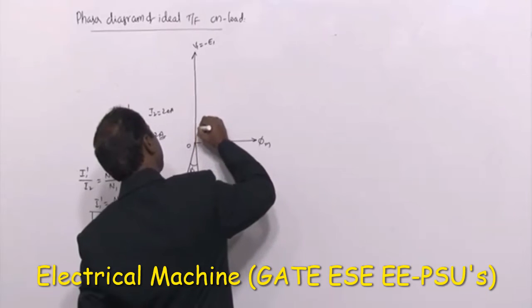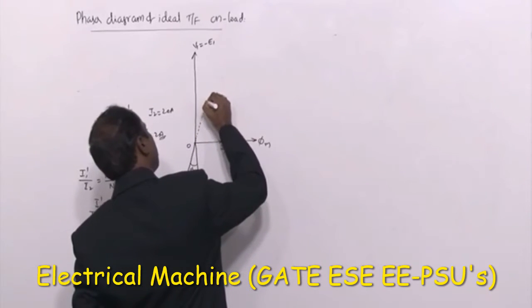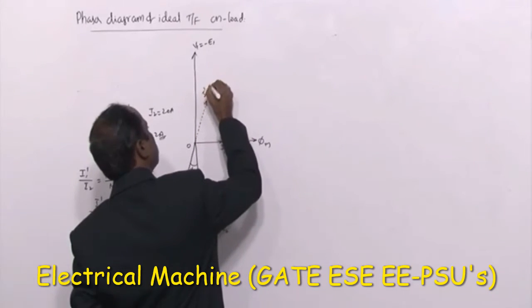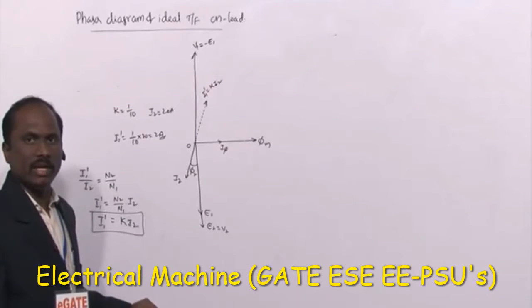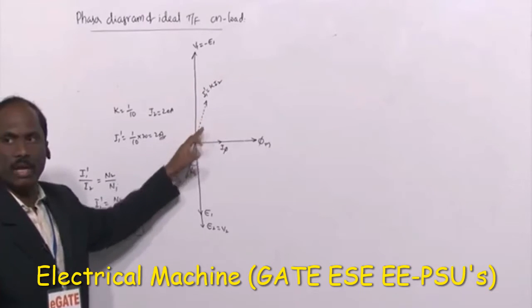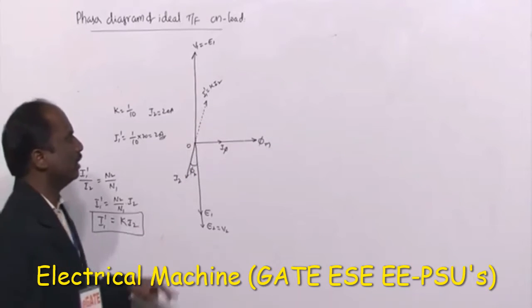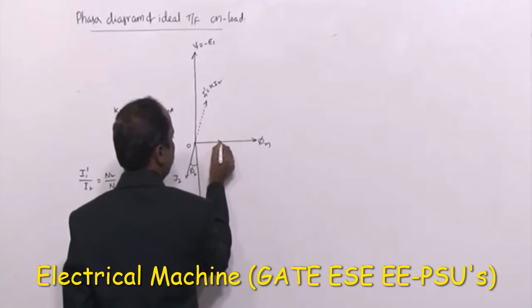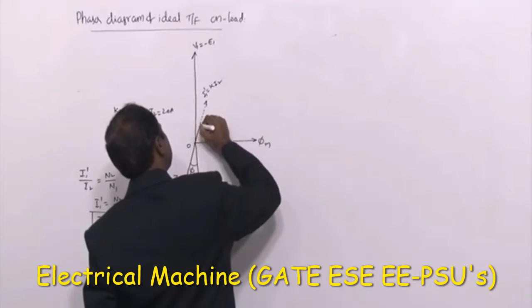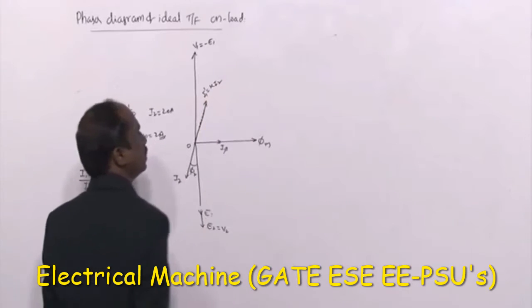This value in the reverse direction we can extend. This is nothing but I1 dash, which is K times I2, in the reverse direction. Why is it in the reverse direction? Because this is referred to the primary and this is referred to the secondary. So what is the resultant current here? One is to develop the magnetic flux. The other one is only because of the load, which is I1 dash.